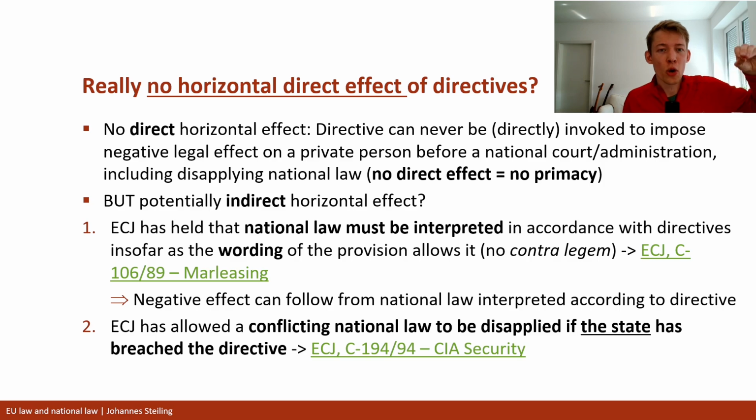And the state had not only failed to implement the directive, but it had further failed to notify the Commission of these national rules. And in this case, the ECJ held that actually the national court can apply a provision of the directive because there was this additional failure of the state, not only not to implement, but also to breach the directive.